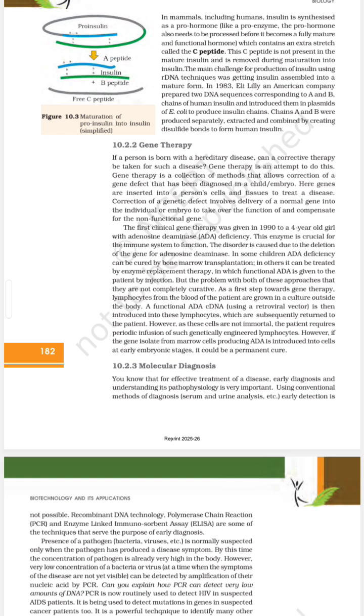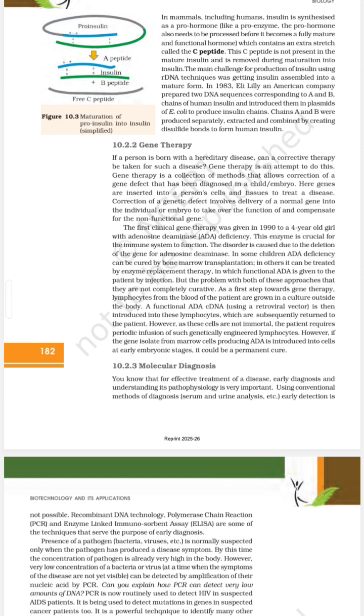In some children, the treatment is bone marrow transplantation, or in some, it is enzyme replacement therapy. But the problem is that in both the cases, it is not completely curable. So, the first step towards gene therapy was taken.